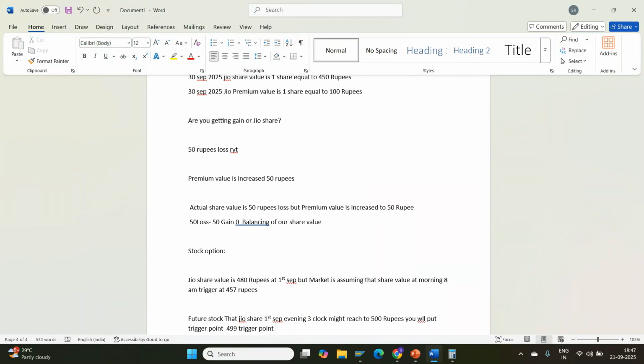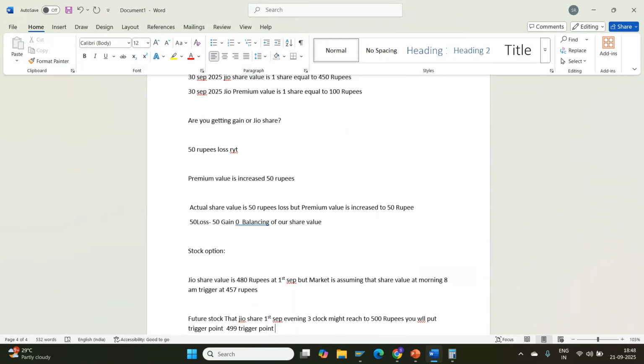You have trading platforms like Groww, Zerodha, that type of trading platforms. There is a trigger point. Like you are expecting something. For example, you assume that the rate might increase to 490 rupees, then you will put the trigger point at 488.